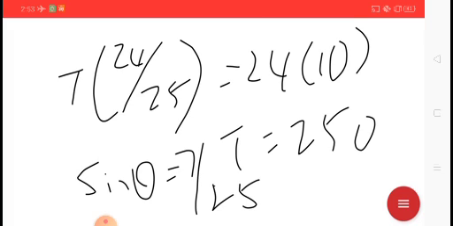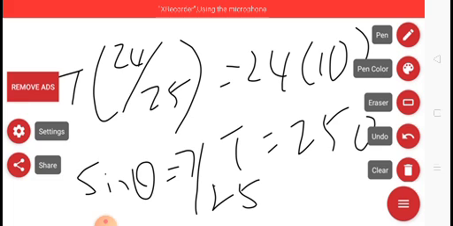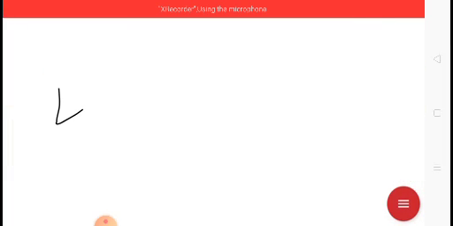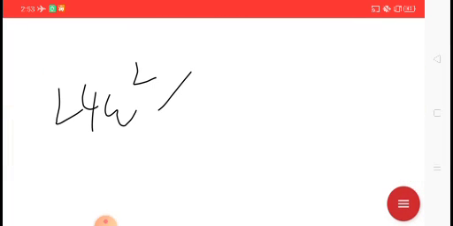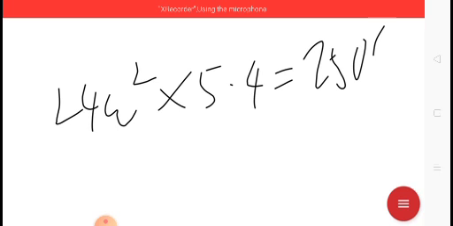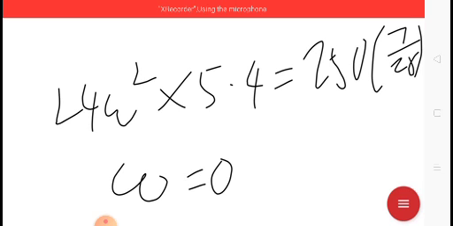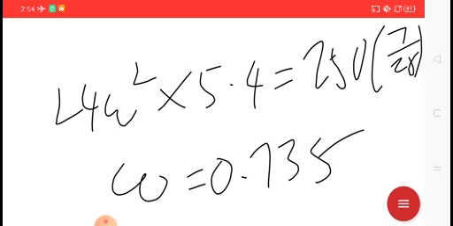So once you have this, you can use the net force equation. 24 omega square times pi.4 is equal to 250 times 7 over 25. Okay, so you will get your omega will be equal to 0.735 radian per second. So this is for question 3.